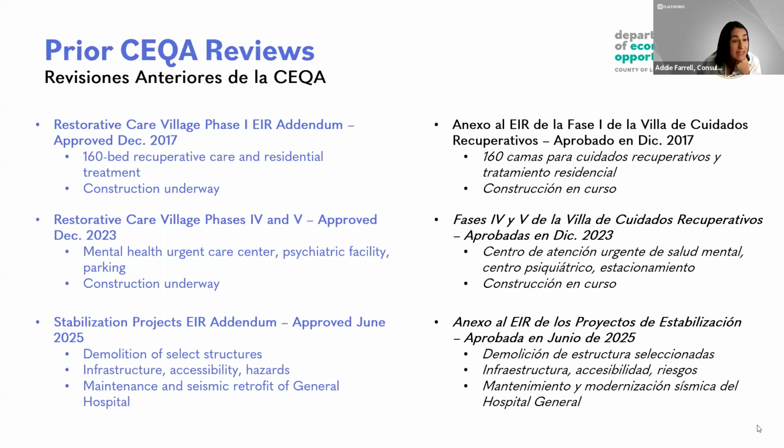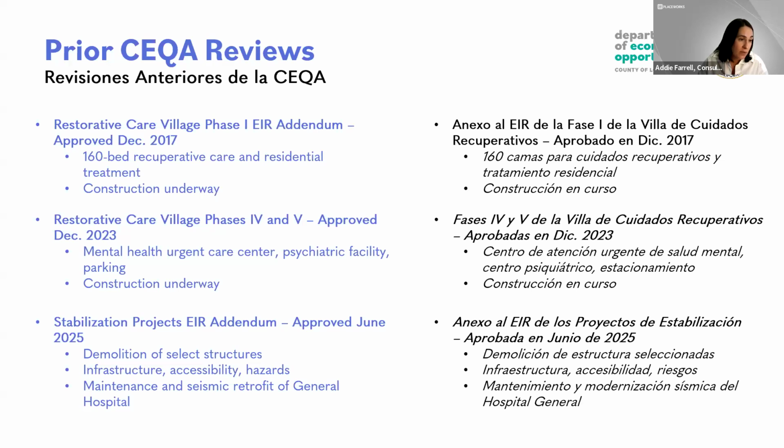Following the 2014 EIR, the county implemented a few very specific focused projects under the 2014 EIR and prepared what we call an addendum to the 2014 EIR. So it reaffirmed and evaluated that the impacts for each of these focused specific projects was within the umbrella of impacts that were evaluated in the 2014 EIR.